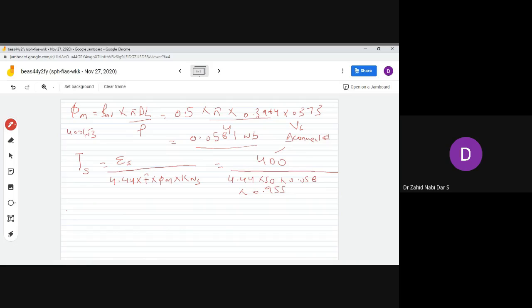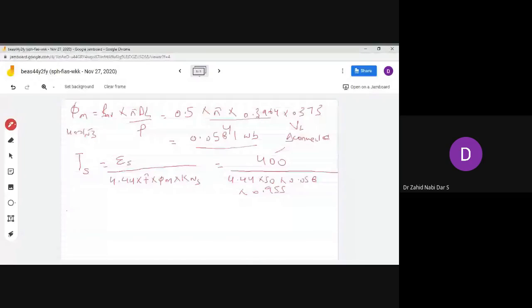Okay. So now you get a value of TS. So the value of TS when you are substituting all the values will be around 32.47. But TS is the turns per phase. It cannot be in a fraction value. So we will take the nearest number, that is 32, because turns per phase has to be an integer.